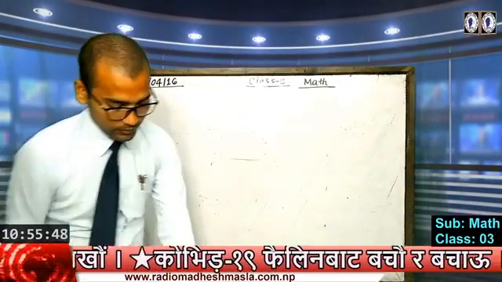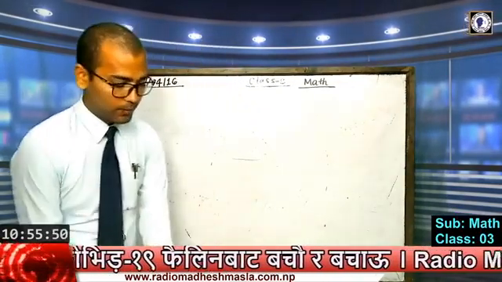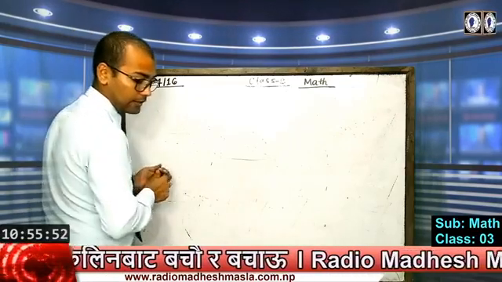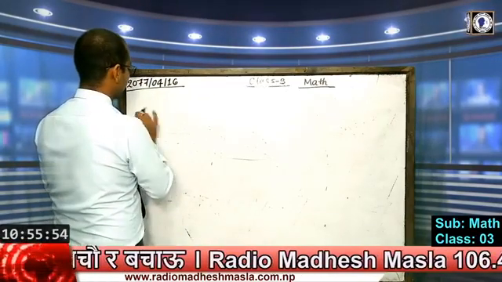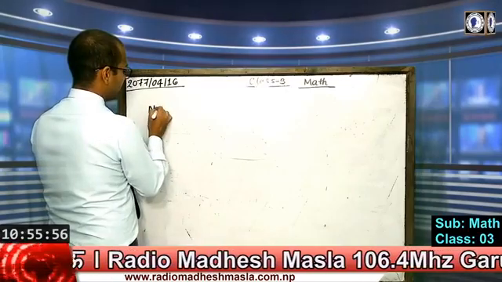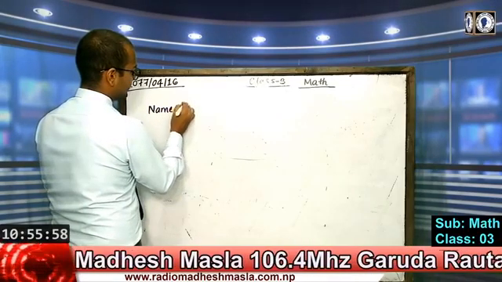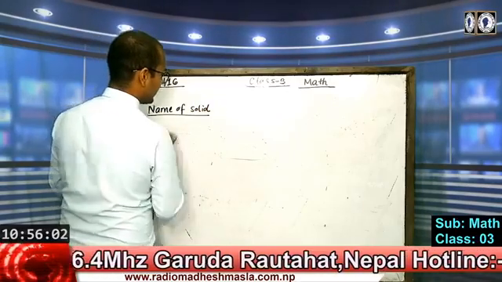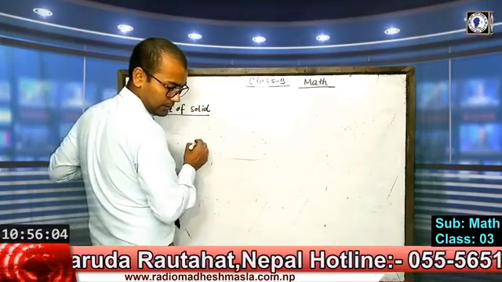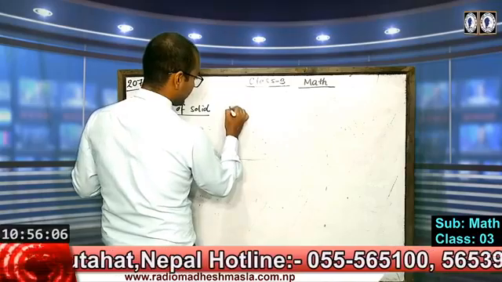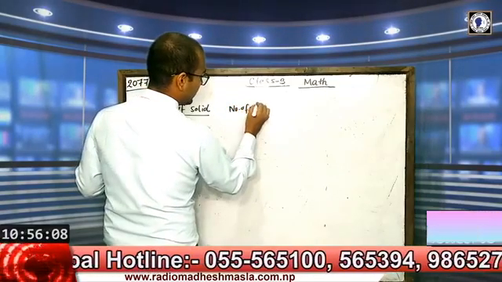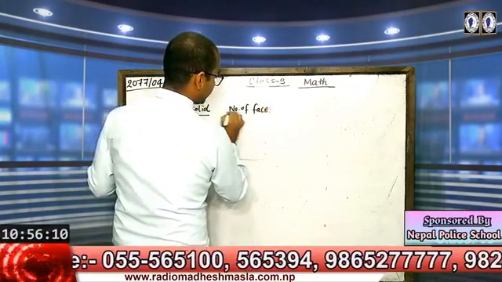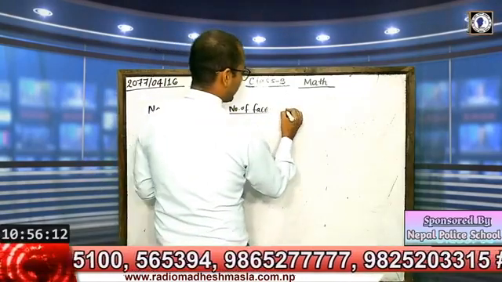So you need to draw a box and write the name of solid shapes.